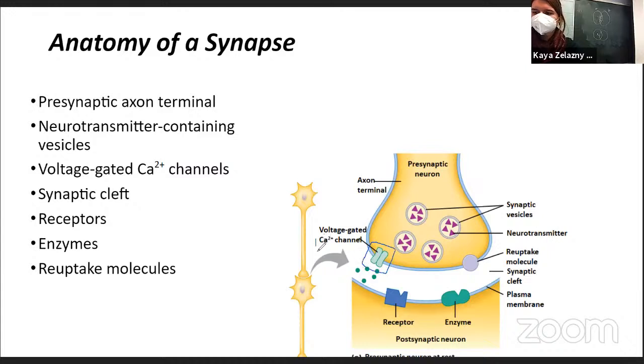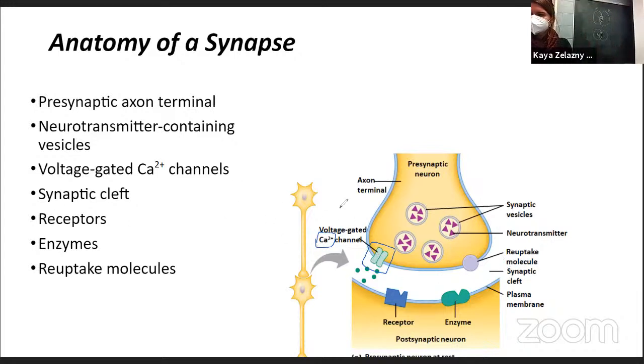So here's where calcium channels come into play. In the axon, when we were thinking about transmission of the action potential, we were thinking about a sodium voltage-gated channel and a potassium voltage-gated channel. Now that we're in the axon terminal, our super important thing is our calcium voltage-gated channel.